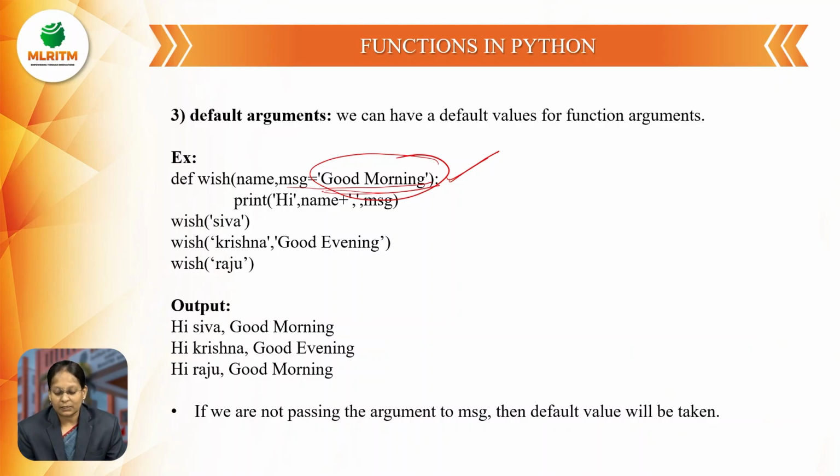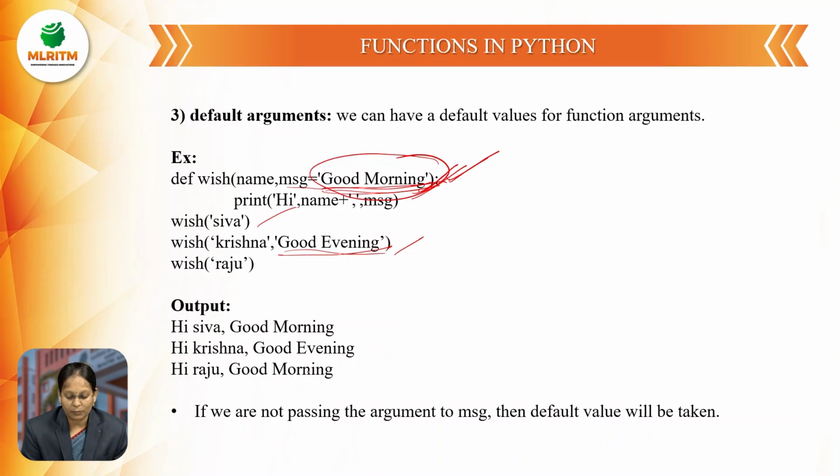Name is always compulsory in all function calls. It is good morning only. wish(Shiva), wish(Krishna, good evening). Here we wrote good evening, but the default message is good morning.